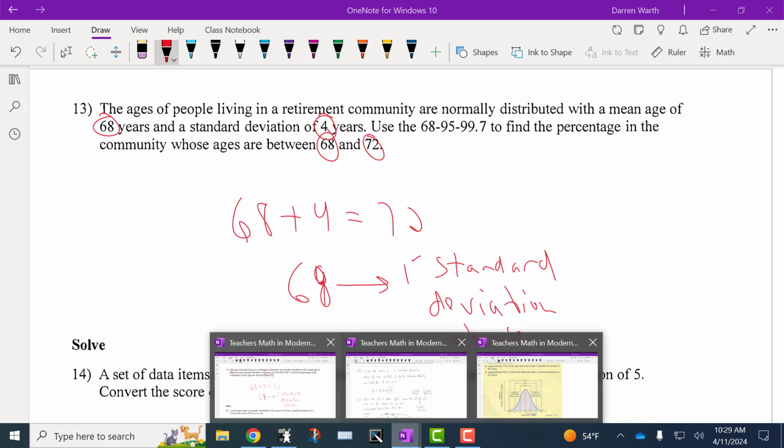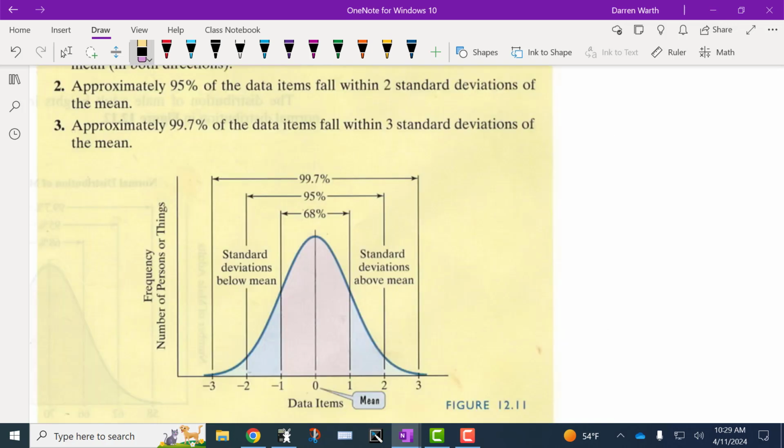So how does that correlate to our chart right here? Well, here's our chart. Here's my mean, which in this problem, on number 13, looks like it said had a mean equal to 68, and one above was the 72.